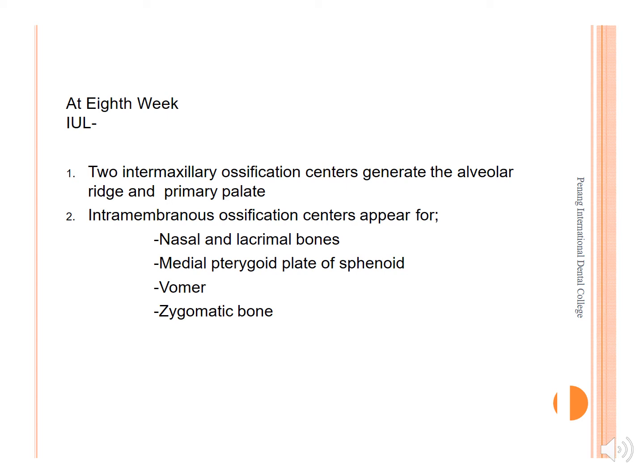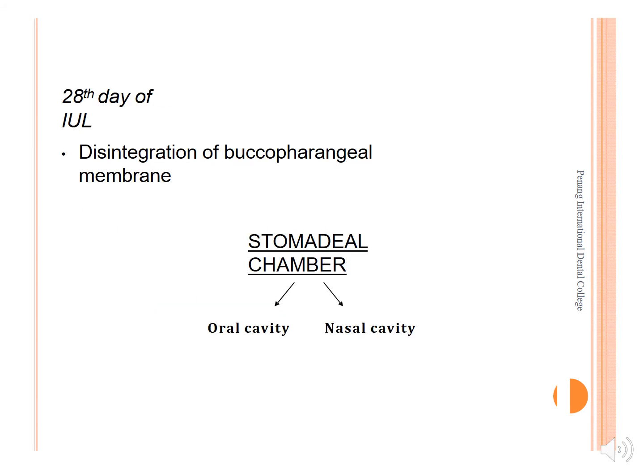The intramembranous ossification centers appear for the nasal and lacrimal bone, medial pterygoid plate of the sphenoid, vomer, and zygomatic bone. At the 28th day of intrauterine life, there will be a disintegration of the buccopharyngeal membrane, and this stomodeal chamber will give rise to the oral cavity and nasal cavity.